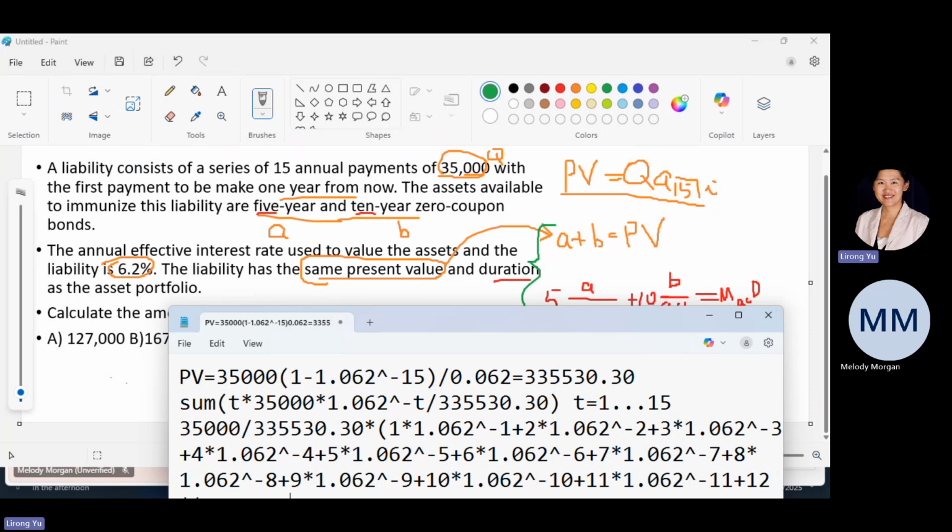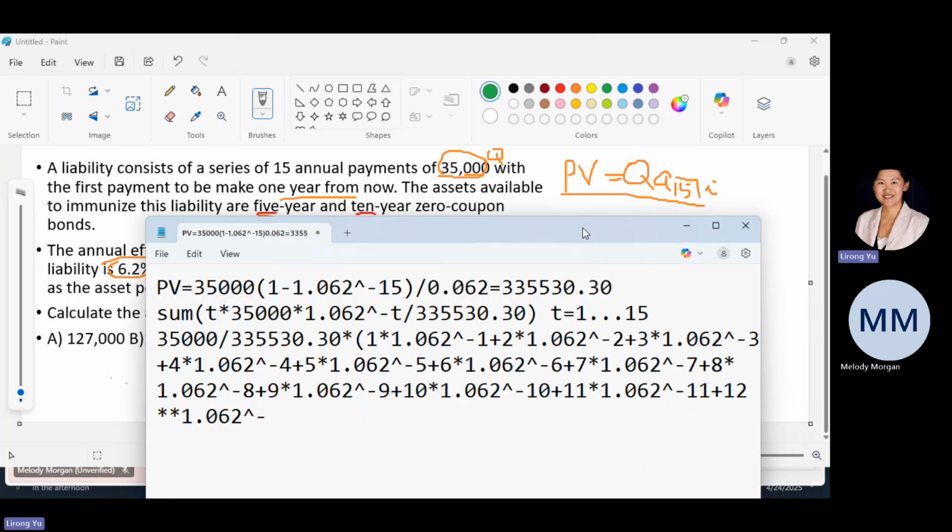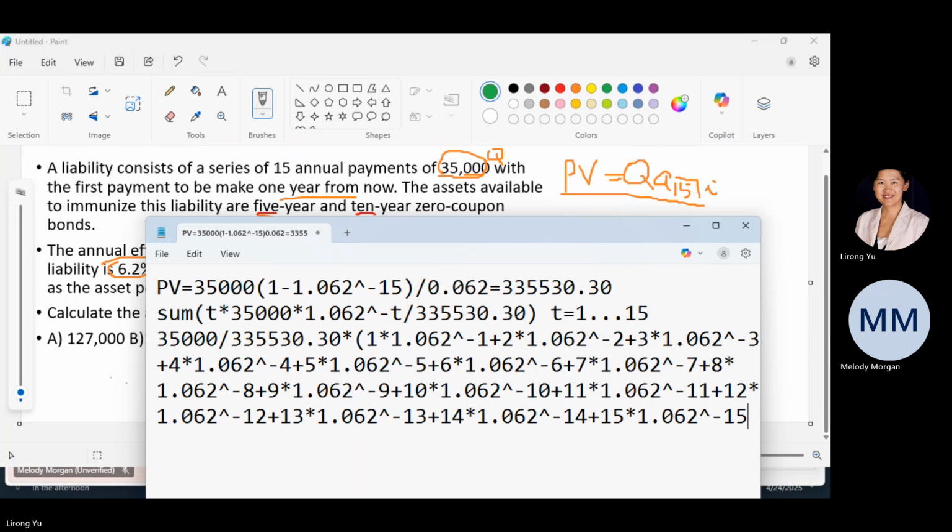We put all these into the calculator. I wonder if it does the calculation for us. There's 14. Monthly. Right, so that's all in the summation.